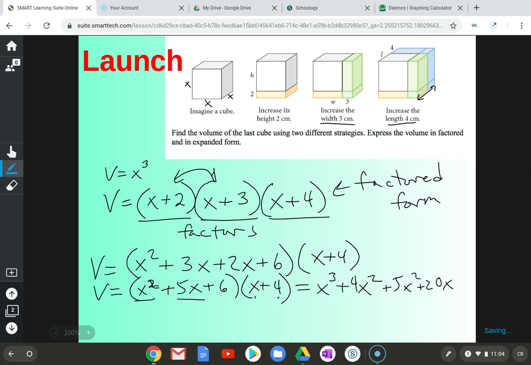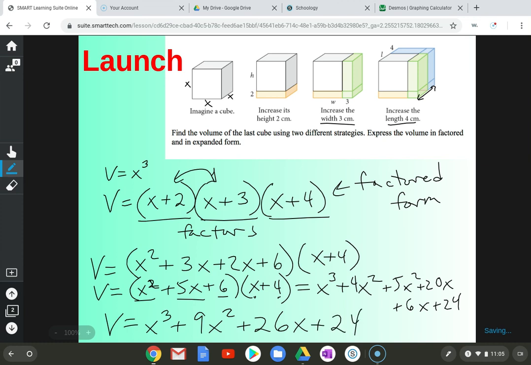Then plus 6 times both of these terms, so plus 6x plus 24. If I combine my like terms, my final expanded polynomial is x cubed plus 9x squared plus 26x plus 24.